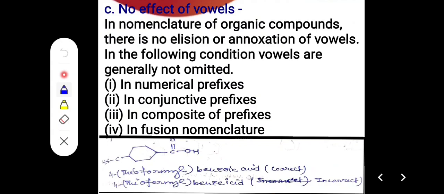If numerical prefixes or numbering systems are there, in that case vowels are not omitted. In conjunctive prefixes, in composite prefixes, and in fusion nomenclature, there is no addition or annexation of vowels.